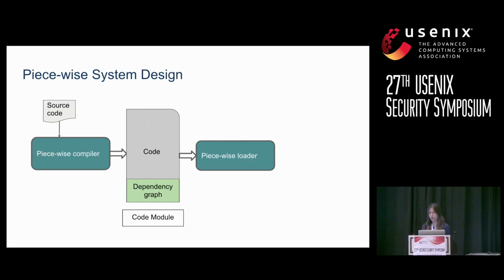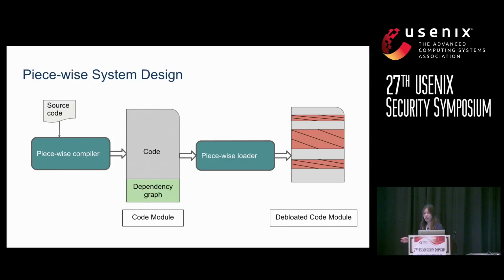So the piece-wise loader will read this dependency graph and use the symbol binding information to determine which function in the code module is required by the program, and then what other functions are required by the program by importing certain functions in the code module. And then it removes the rest of the code that the program does not need at runtime. So the result is the debloated code module with less code in the code module.